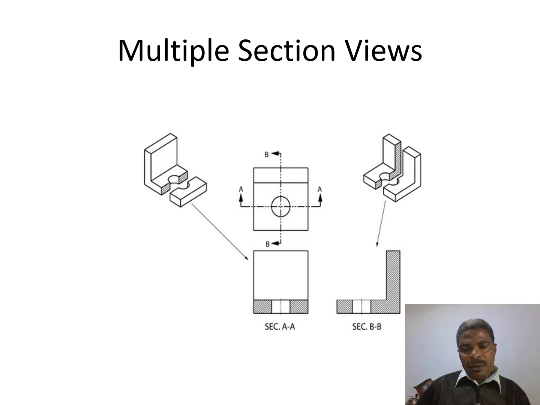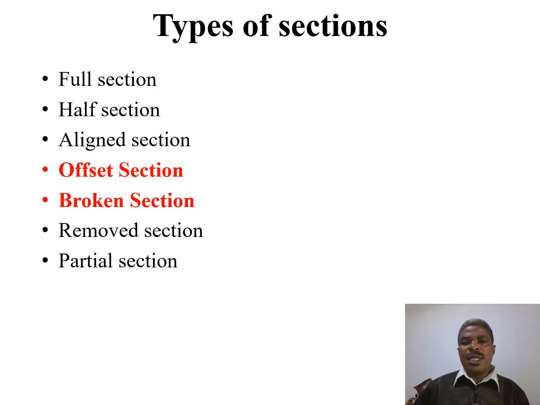So this is how one will indicate the section AA, because it has cut along this hole, but the taller part of the object is not touched, it's not cut, as you can see. So when we are referring to cutting plane BB, you can see where it has passed and it indicates this way. So hatching lines are placed there. That's how we can do it.